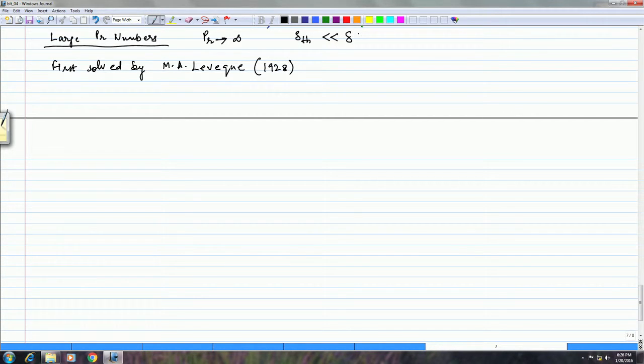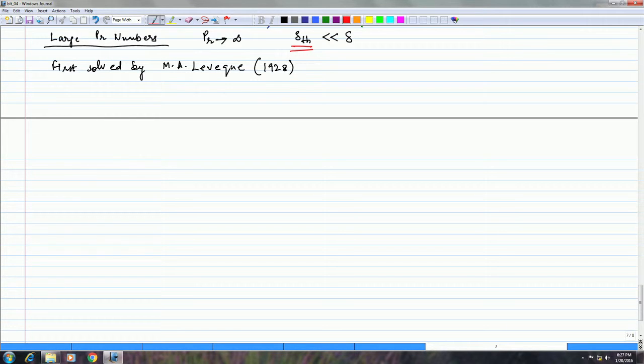So the thermal boundary layer thickness is much smaller than the velocity boundary layer thickness. So basically the velocity boundary layer thickness is the one which dominates. In other words, this thermal boundary layer thickness is really very small compared to the velocity boundary layer.